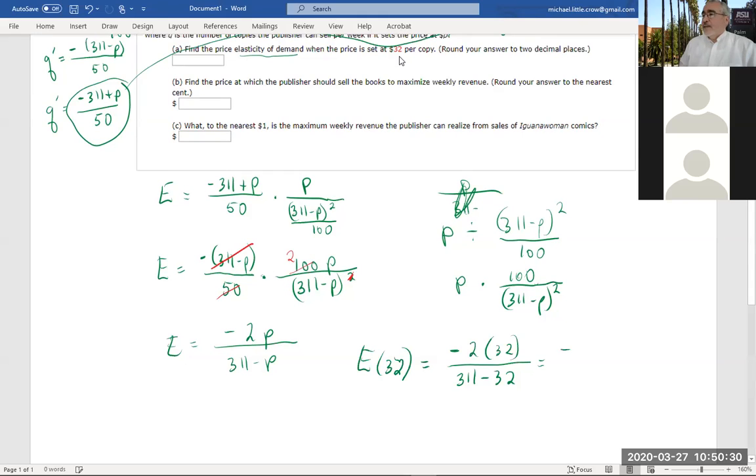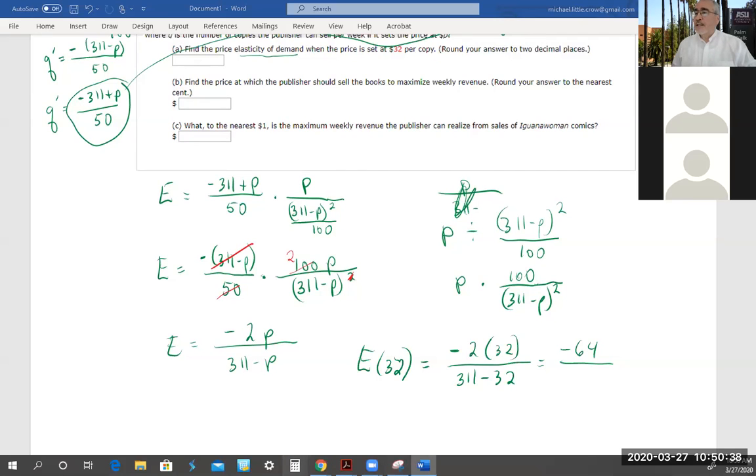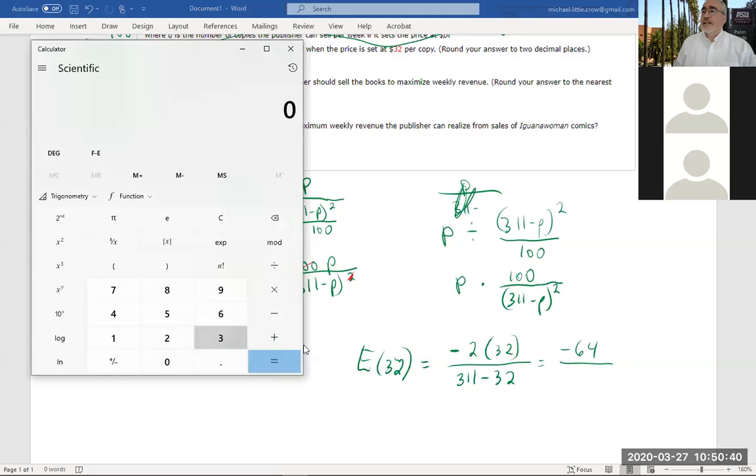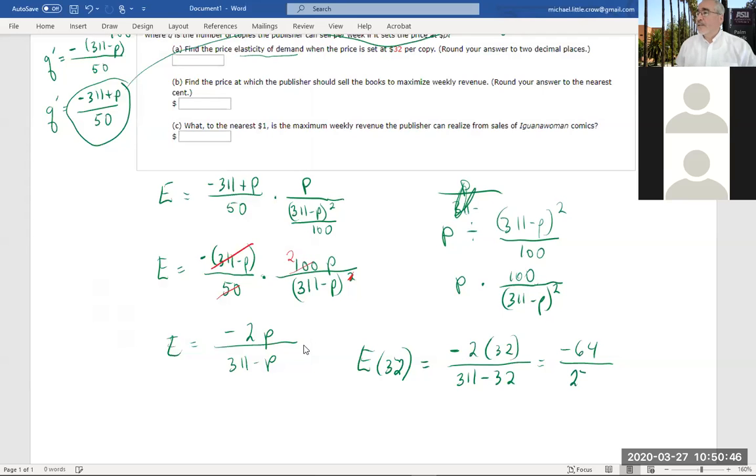That's going to be negative 64 in the top. 311 minus 32, let's go ahead and need this anyway, 279.